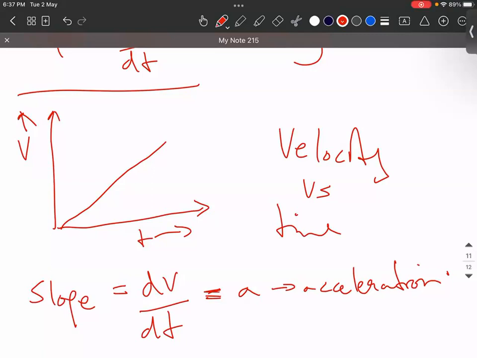Same formulas, it's just the same, but different symbols for angular. The same formulas apply when we calculate the angular versions of these quantities. For example, a will become alpha for angular acceleration.